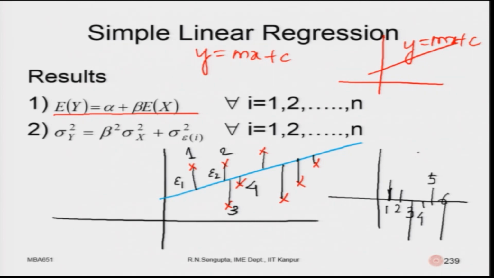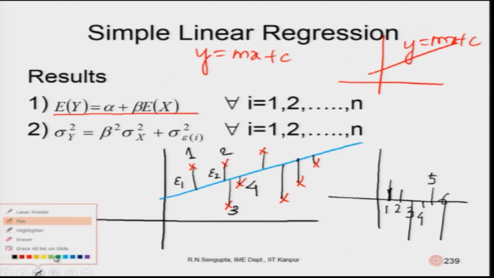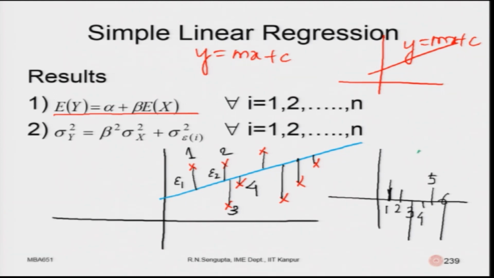If I find out the distribution of these errors and plot it, let me plot using a different color. This will be a normal distribution with a 0 mean along the x axis, and the variance is basically sigma square epsilon I, which you have already noted down.